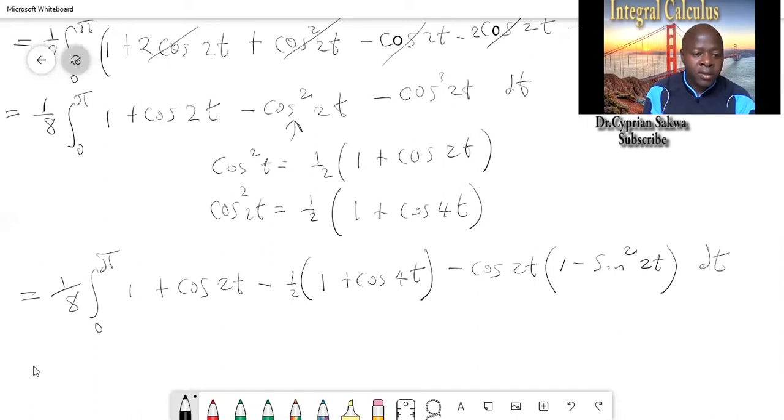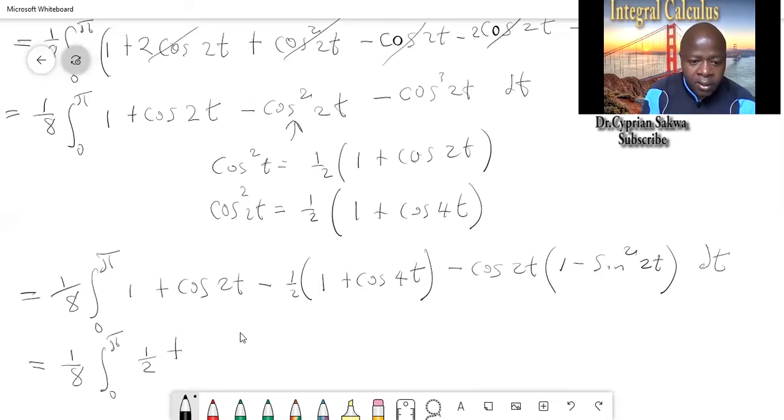So again, simplifying this, I would have 1 over 8, the integral from 0 to pi. There's this 1 and this a half, giving me a half, plus there's this cos 2t and this other negative cos 2t, they cancel. And this is cos 2t. Now remember that there was a half, we already used it.